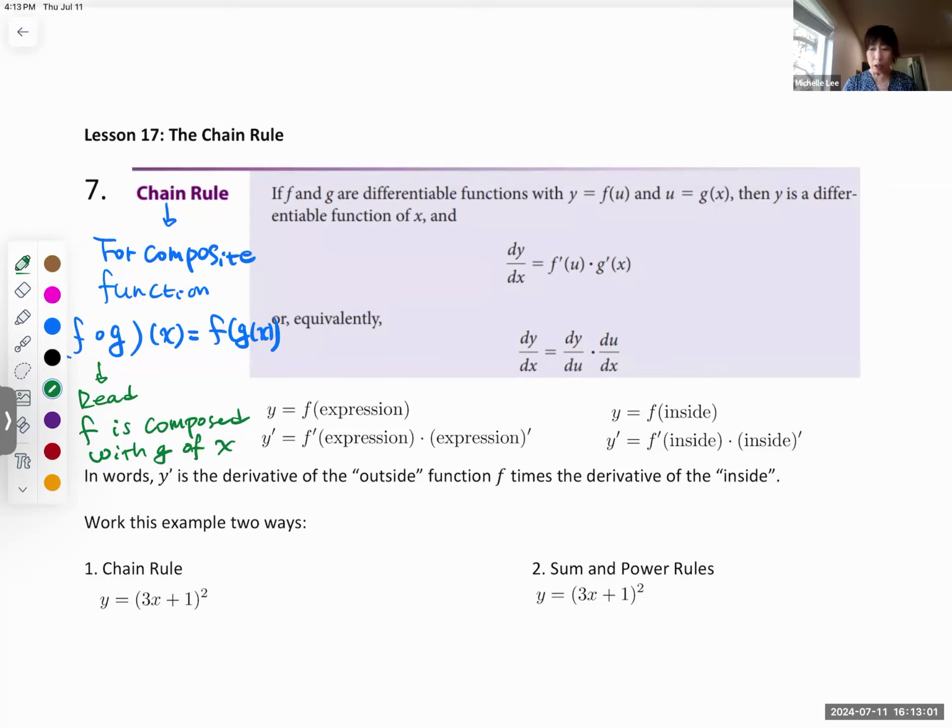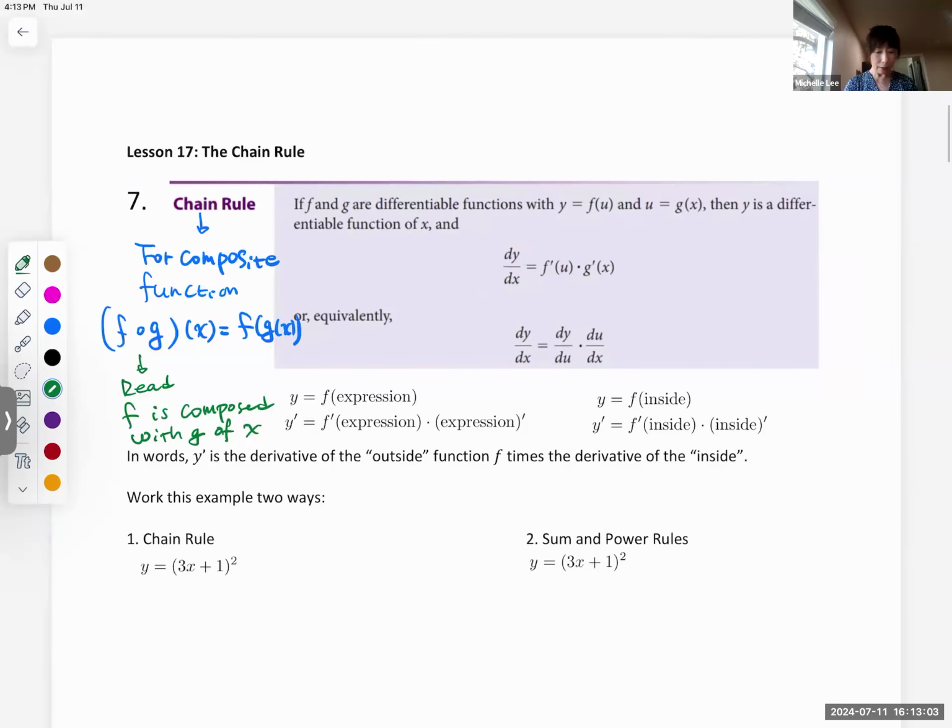If we have more than a basic function, so x is basic, x squared is basic, x cubed is basic, and so on, right? Square root of x is basic, x to the 1/3 is basic, this kind of thing is basic. Beyond the basic, we say composite function. So when more than one function is combined together, it's a composite function.